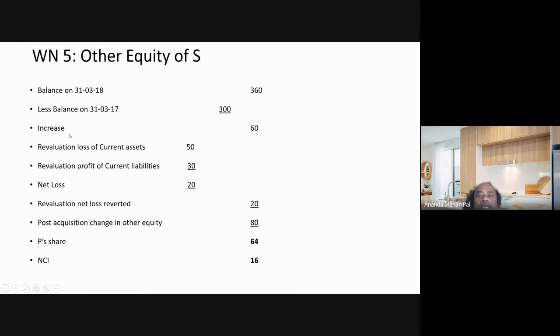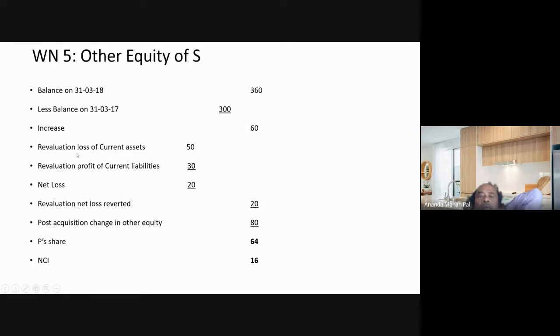So that increase is your increase in other equity. That's 60. So total equity has increased from 300 to 360, and we can assume that there is no increase in equity share capital. All the increase is for the other equity part. So other equity increases during the year by 60.